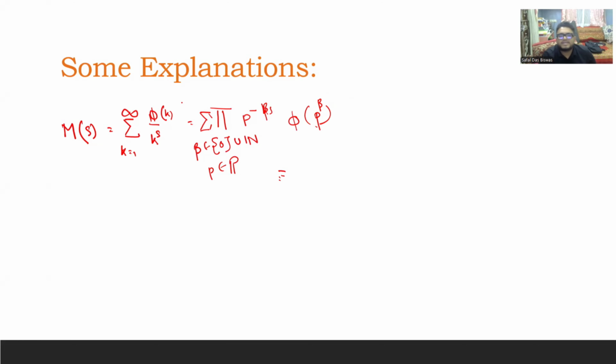So this is actually equal to this, just simply a product of the summation of phi of p to the power r by p to the power rs, where r runs from 0 to infinity, and p belongs to the primes.